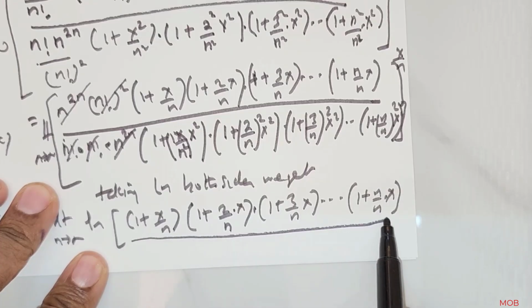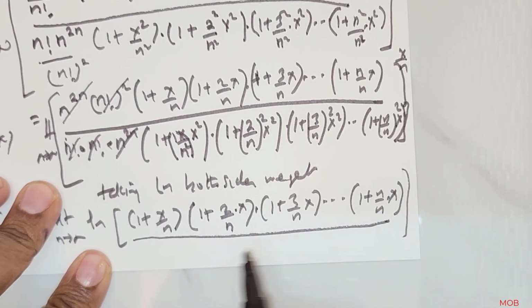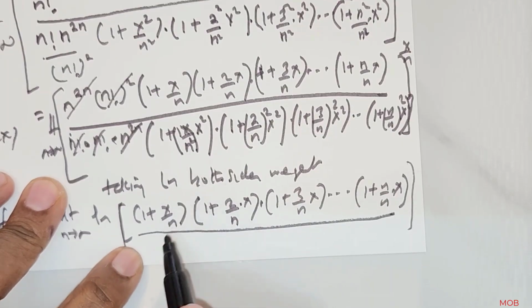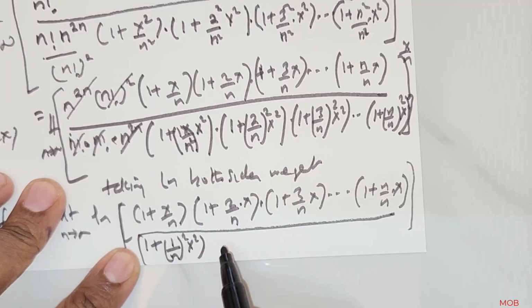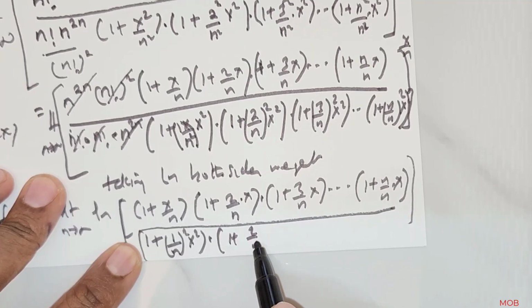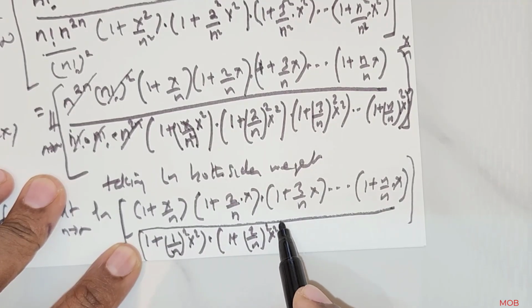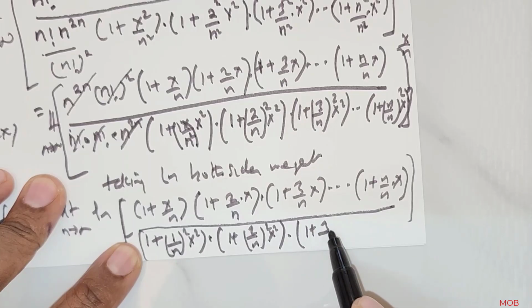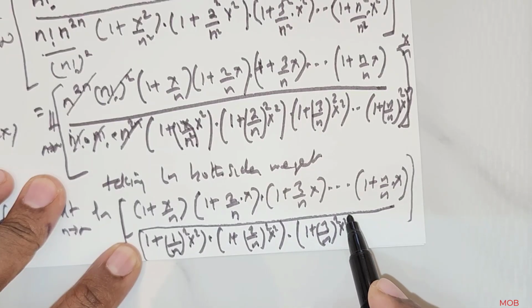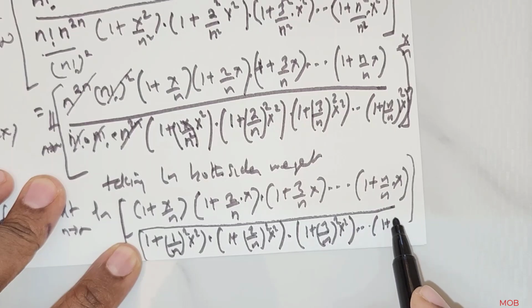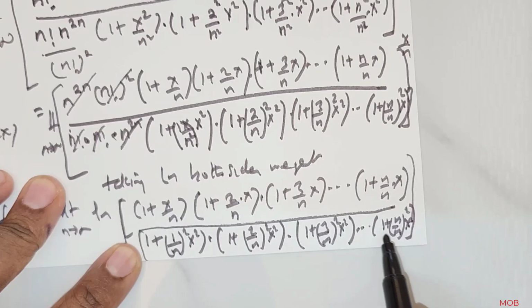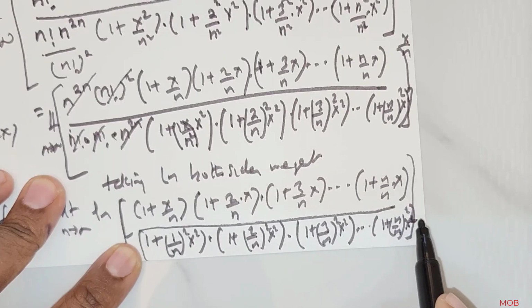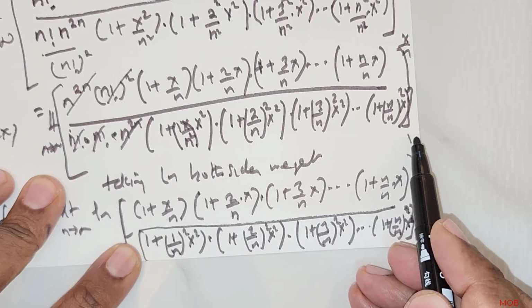This entire component is divided by, of course, the parenthesis will flow all through. Okay, so this is going to be 1 plus 1 over n the whole squared times x squared multiplied with 1 plus 2 over n the whole squared times x squared times 1 plus 3 over n the whole squared times x squared, etc. 1 plus n over n squared times x squared, and you have the parenthesis there. Okay, x squared and parenthesis.